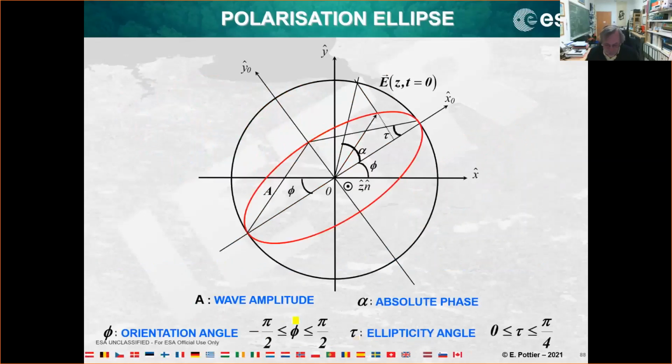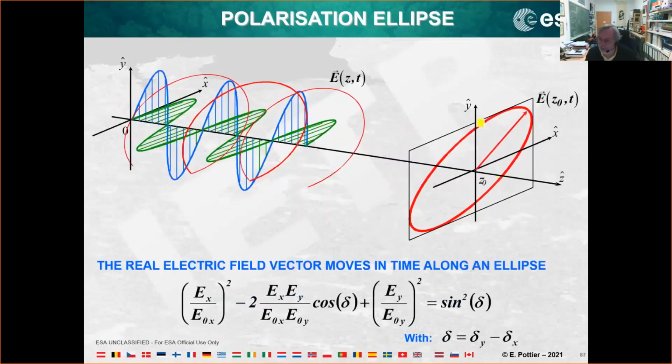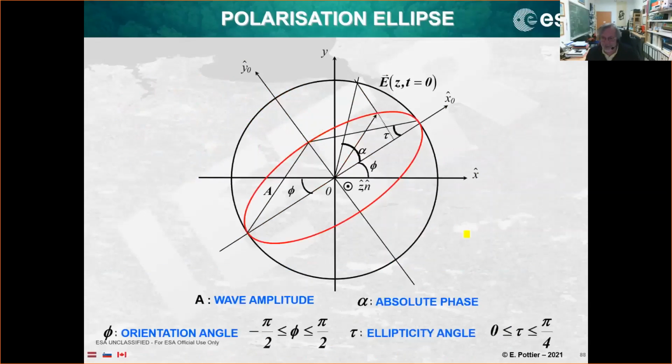Okay, so now if I look to this plane and if I look to the ellipse, this is in red, the ellipse, and I can describe this ellipse, this polarization, with some angles and some geometrical parameters. So the first parameter is the length, which corresponds to the amplitude of the wave.